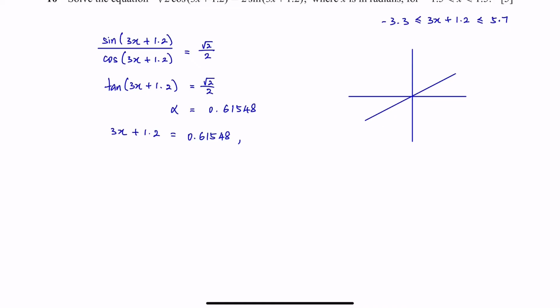So we have pi plus 0.61548, which is 3.75707, and we also have 3.75707 minus 2 pi, which is negative 2.52612.